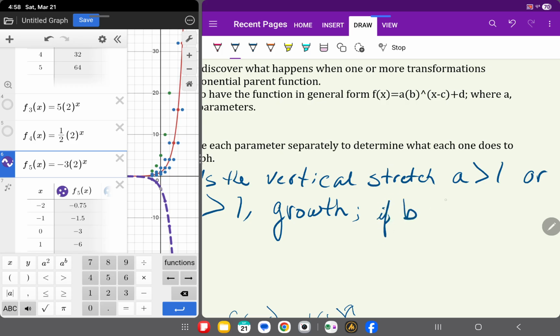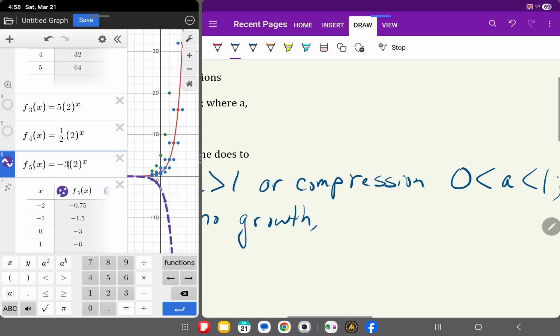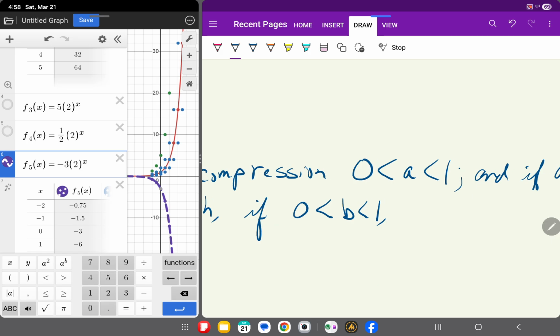If B is equal to 1, no growth. And if we have 0 less than B less than 1, so if you notice, we have the same thing that's mirrored here with our A, we will have exponential decay.